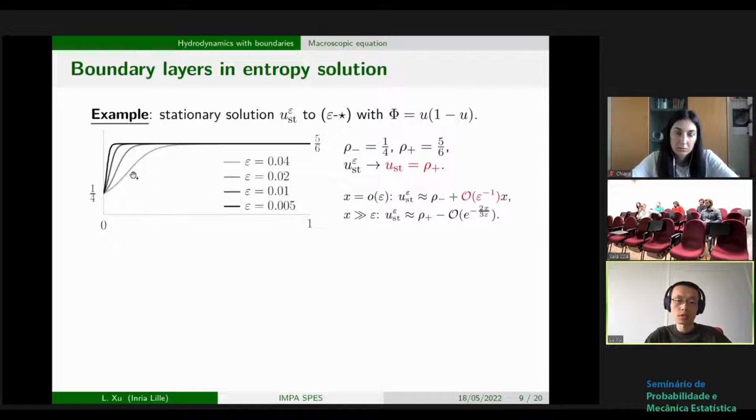And then we can see that these are the stationary solutions. When epsilon goes smaller, this stationary solution converges to a stationary solution which takes the constant value rho plus. This means that at the left side, I have a jump from 1/4 to 5/6.